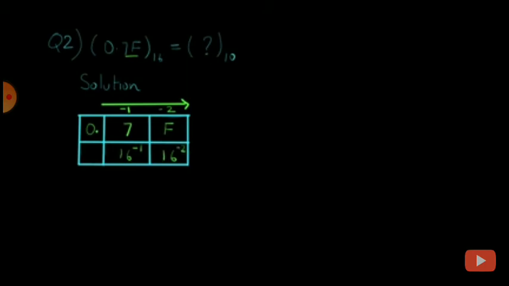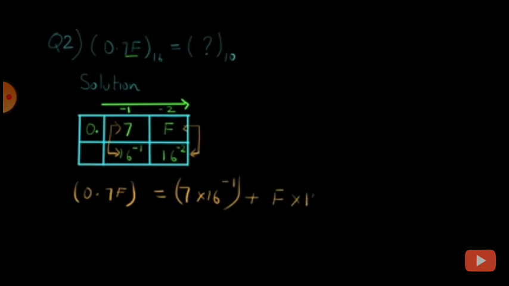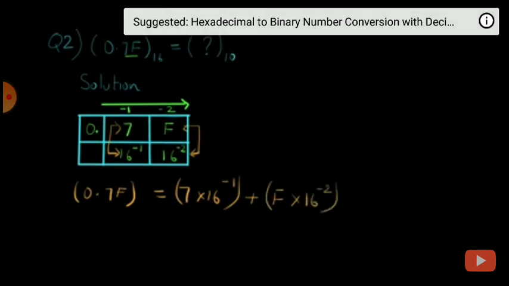So the decimal equivalent of 0.7F in hexadecimal would be the sum of multiplication of these two values, which is 7 into 16 raised to minus 1 plus F into 16 raised to minus 2.